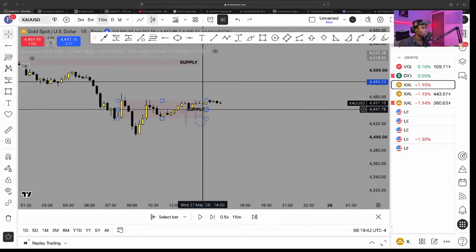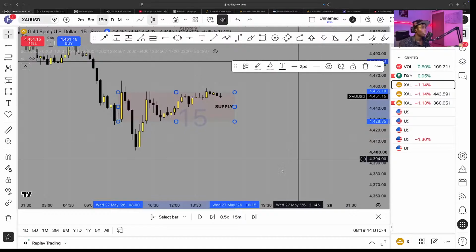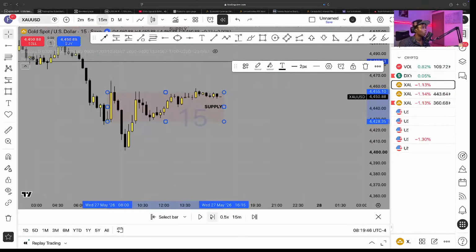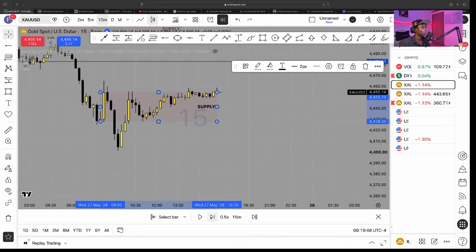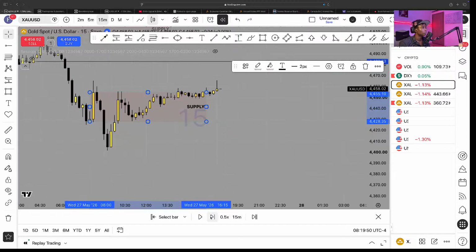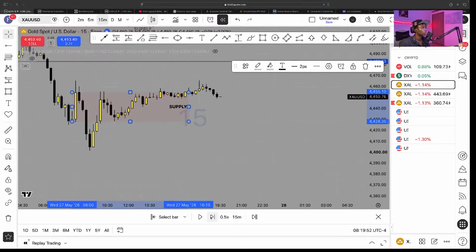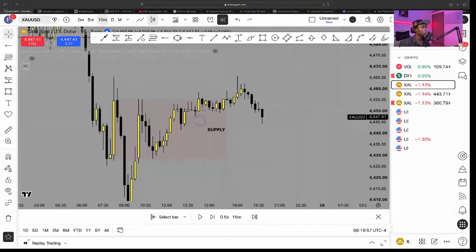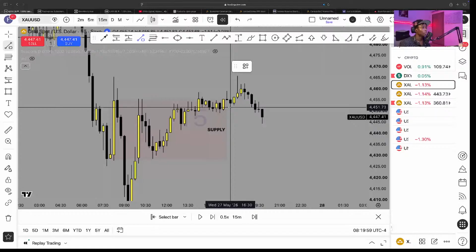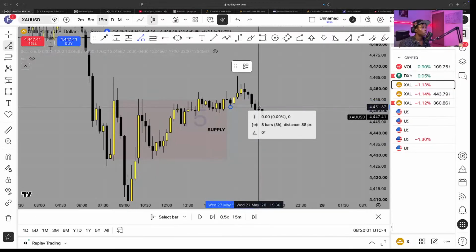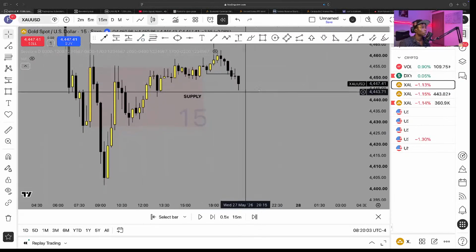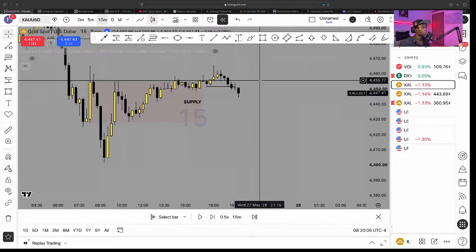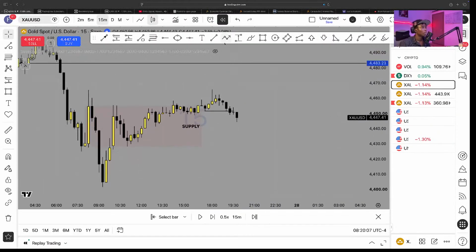You guys can see demand took over the supply. I think I have the first clue. I have my first clue at this point. I'm just going to look out for that.